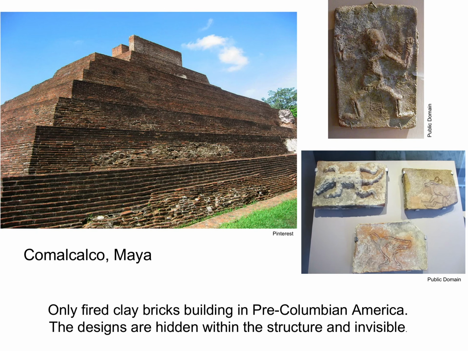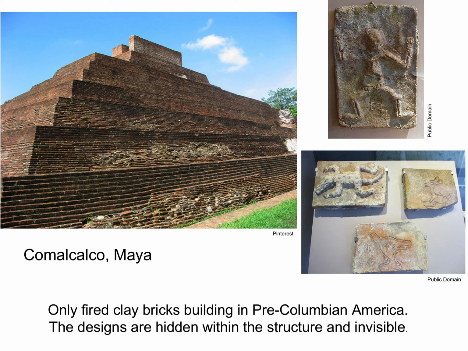We're moving to the New World now, to Mesoamerica and pre-Columbian time, and this is the pyramid at Comalcalco. It's a Mayan pyramid, and it's the only fired clay brick building in pre-Columbian America. Pre-Columbian America uses a lot of stone in its building, and this is the only one made of fired clay bricks.